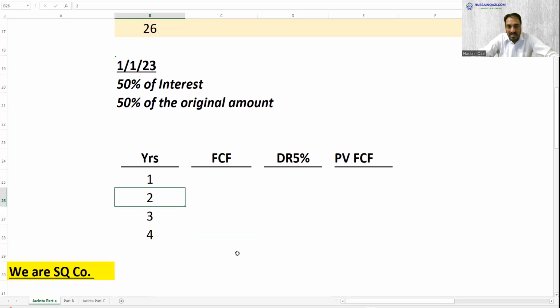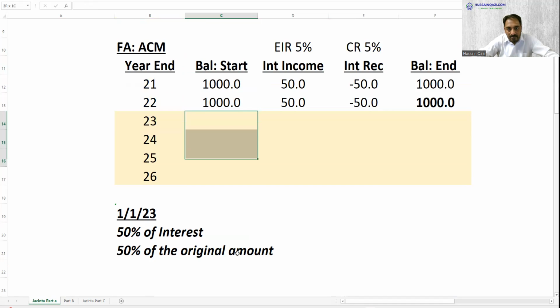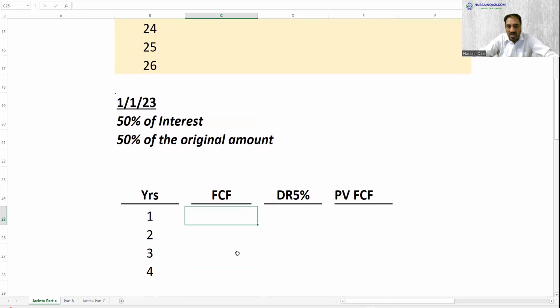Now, how to calculate the market value? The remaining future cash flows are 50% of interest. Do remember, the remaining time period is 4 years. So the future cash flows, only 50%, is equal to 1000 into 5% into 50%. That's 25, 25, 25.